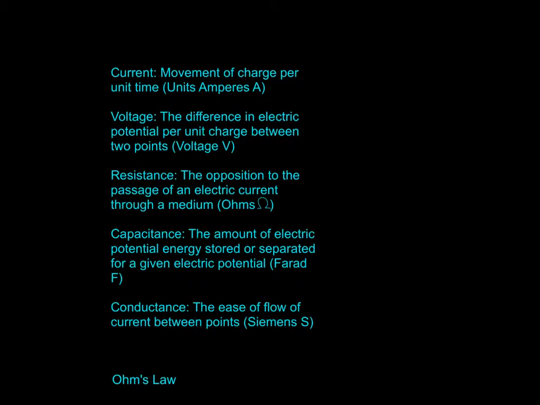You can use the V to stand for voltage. Resistance, the opposition to the passage of an electric current through a medium. Ohms, it's represented by this sign. Capacitance, the amount of energy stored or separated for a given electric potential, and that's in farads, F. And then conductance, the ease of flow of current between 2 points, and it's an S.